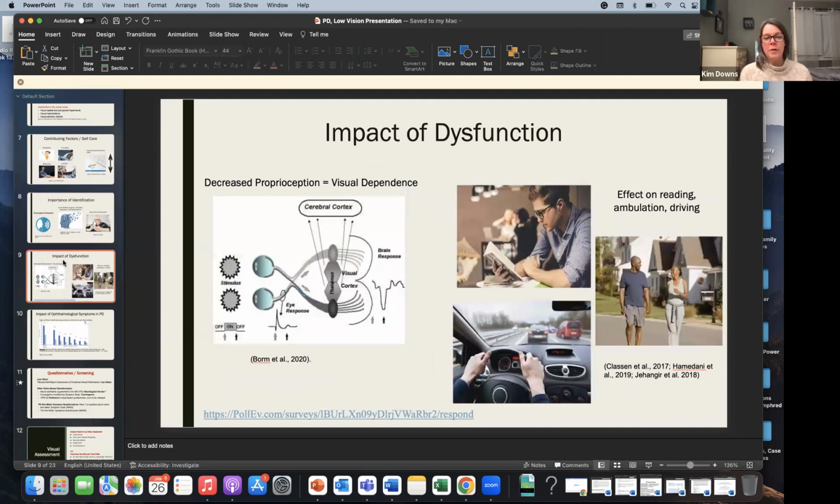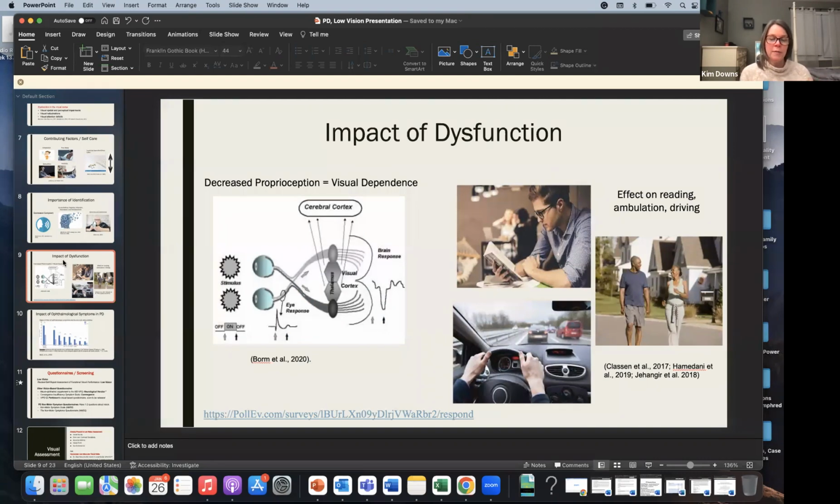So, further impact of visual dysfunction. People with Parkinson's disease have decreased proprioceptive awareness of their body, which actually makes them more visually dependent for their mobility and interaction with their environment.